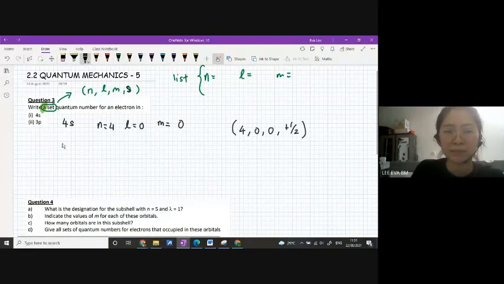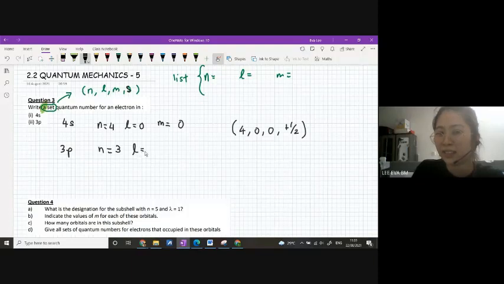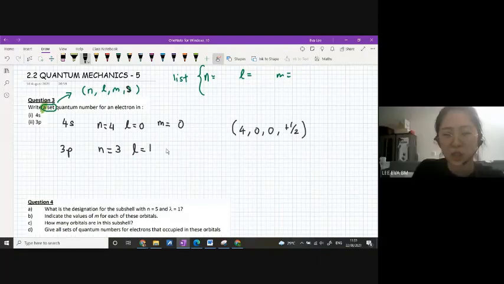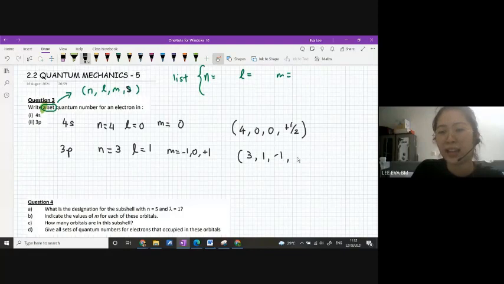Okay, try another one. For 3p, we try to list out first. N value dia 3. How about L? 1. So your m value can either be -1, 0, or +1. So in order to get one set of the quantum number, we fill in the bracket. We have 3, 1. Let's say I put -1 and then I choose positive half.